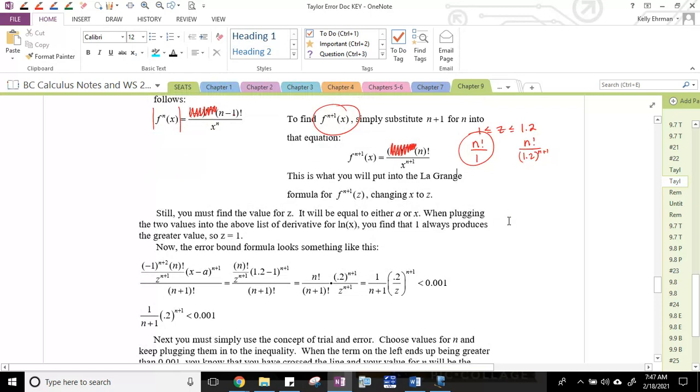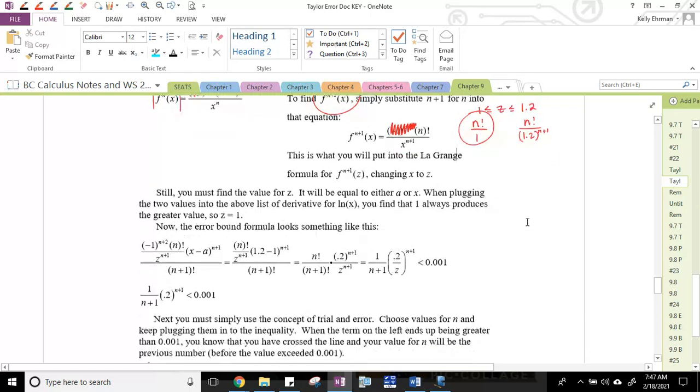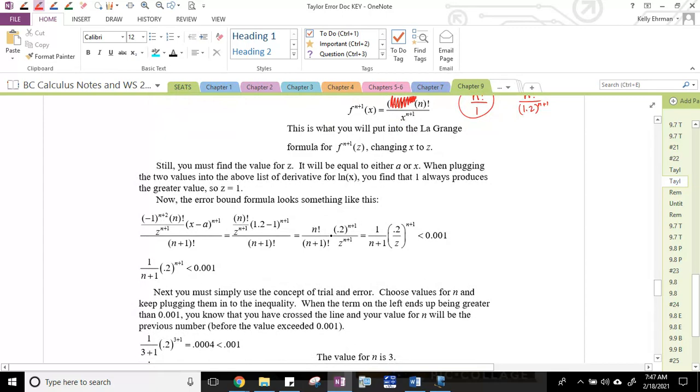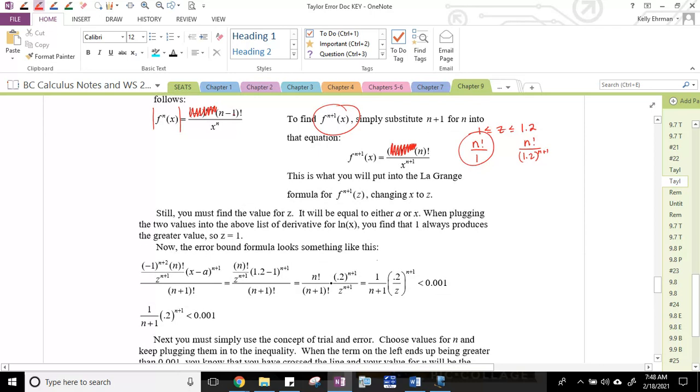So into your Lagrange error formula, this is getting kind of messy the way they're showing it, but I would just say, I'm going to simplify things a little bit. I'm going to kind of pick it up from right here.